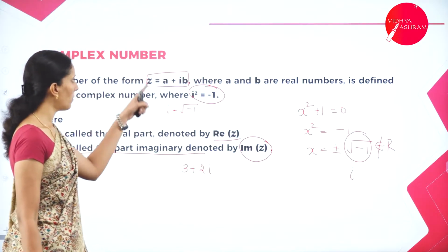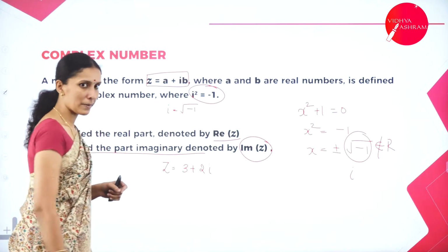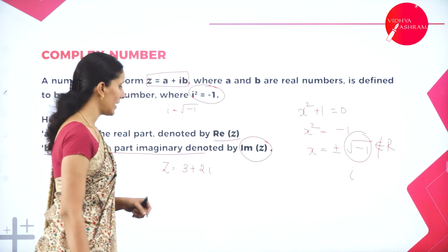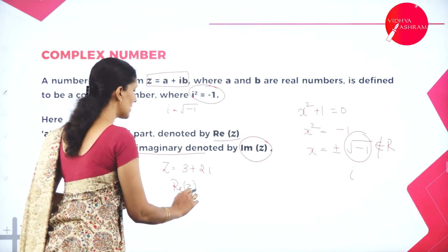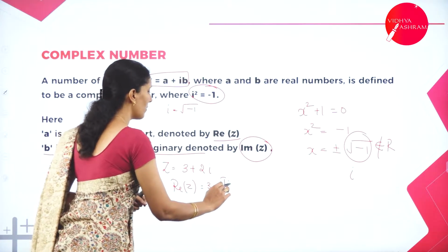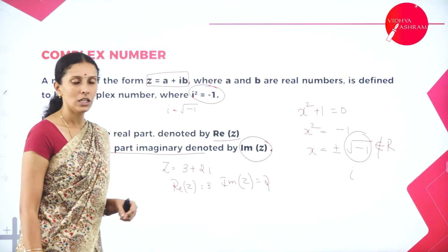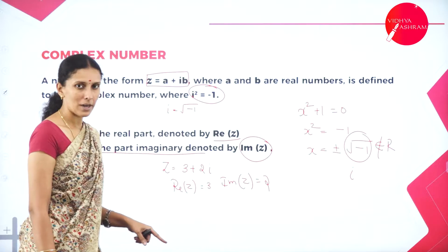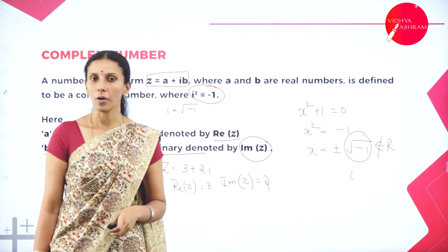This is in the form a plus ib, and all complex numbers are usually represented using the letter z. So if 3 plus 2i is the complex number, then the real part of z is 3 and the imaginary part of z is 2, because it is with the number i. The number which is with i is called the imaginary part of the complex number and the rest is called the real part.